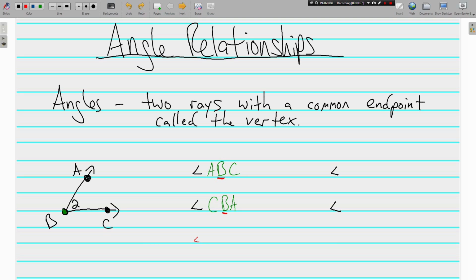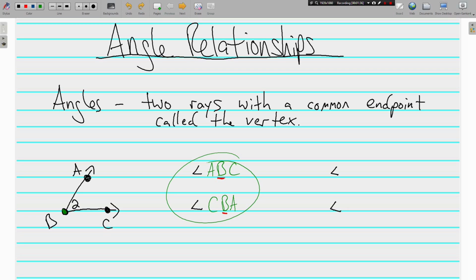If you call it angle BAC, then whoever's reading this thinks that A is the vertex, but that does not apply to this picture. So please make sure when you're naming an angle with 3 letters, the vertex is the letter in the middle. And this is primarily how we're going to be writing our angle names this year.